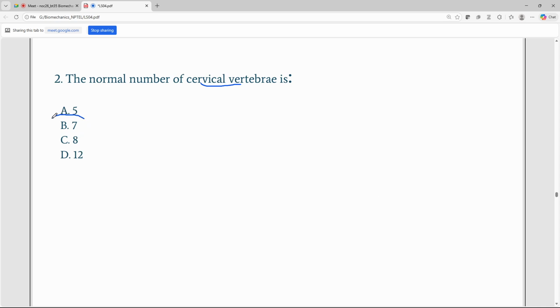Answer is option B. C1 to C7. That is, cervical vertebrae are C1 to C7. There are a total of 7 cervical vertebrae in an adult human.